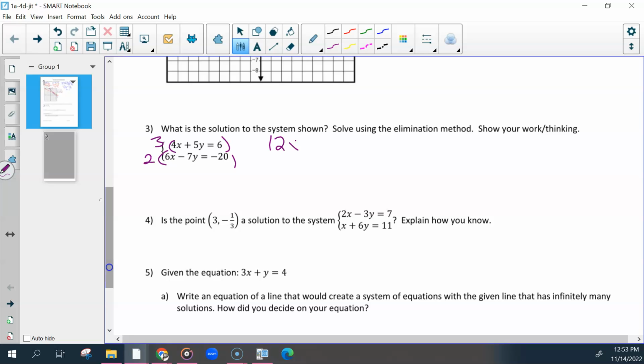So we have 12x plus 15y equals 18. And 12x minus 14y equals negative 40.